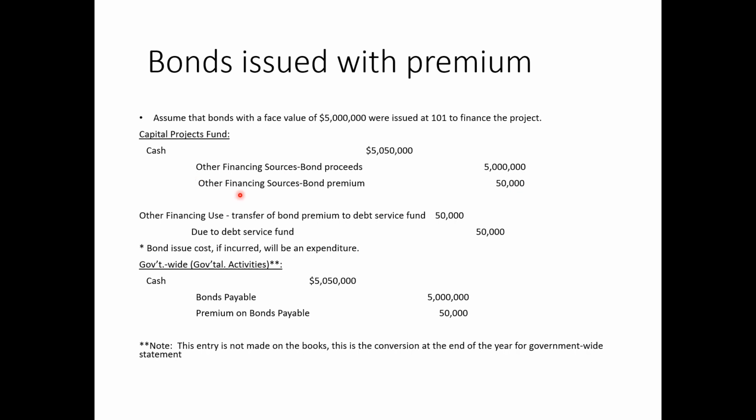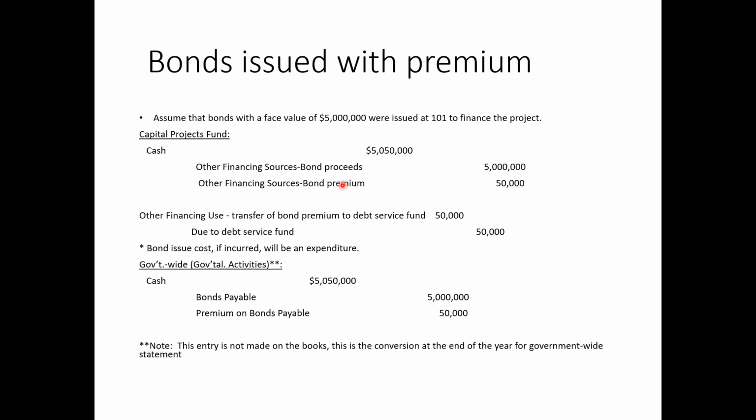Because we're going to pay higher interest, the premium can be viewed as prepaid interest, because we're going to pay investors high interest. So we get a premium, but eventually this premium will be returned to investors.